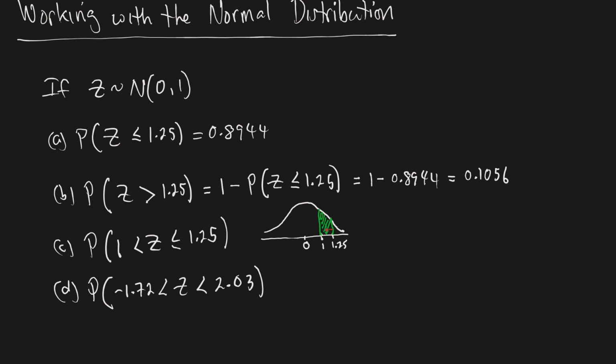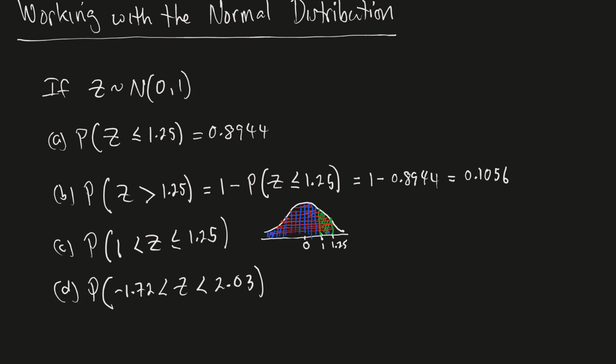The way we can figure out that green area is to take the area that's entirely to the left of 1.25, like that. So all of that, right? And then take the area that's to the left of the 1, that area, and take the difference between them.